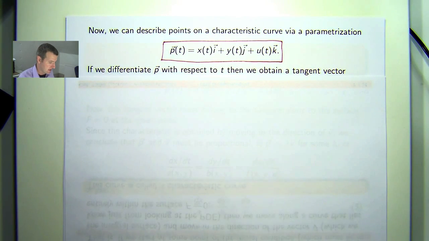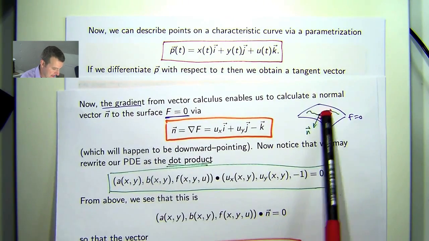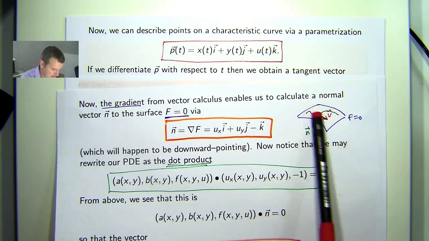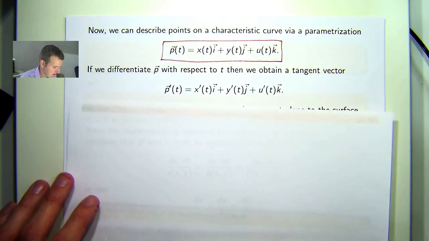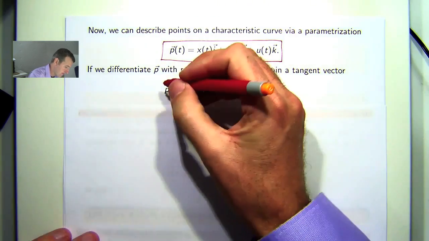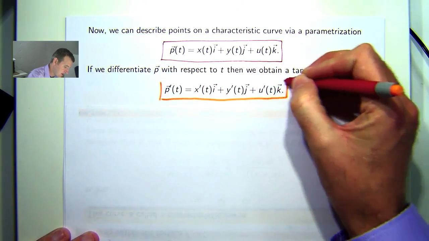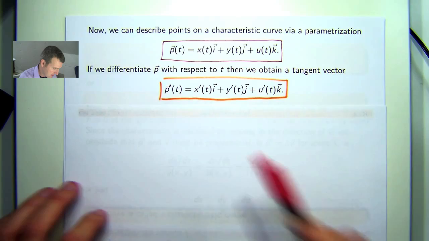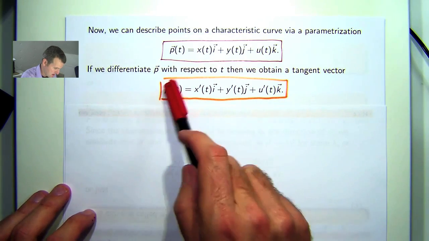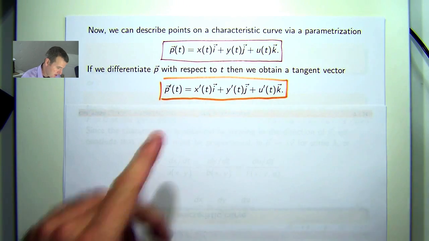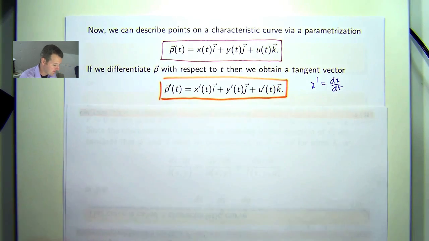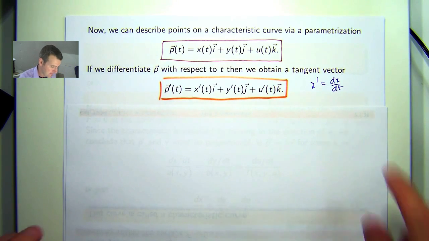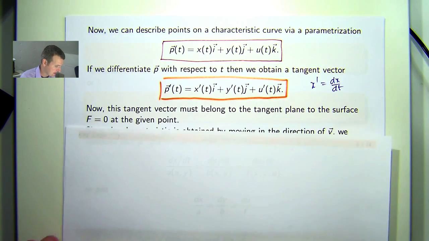So what we can do then is calculate a tangent vector to this green curve just by differentiating the components. By the dashes, I mean the derivative. So by x dash, I mean dx dt. So you can compute the derivatives of the components and you get a tangent vector.